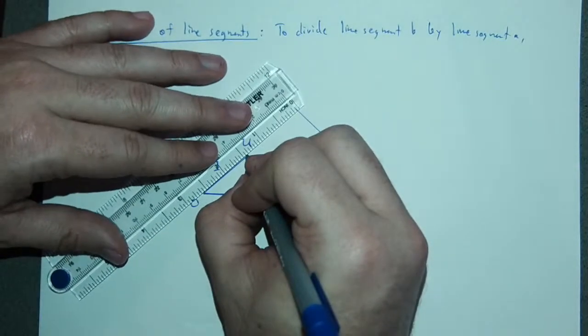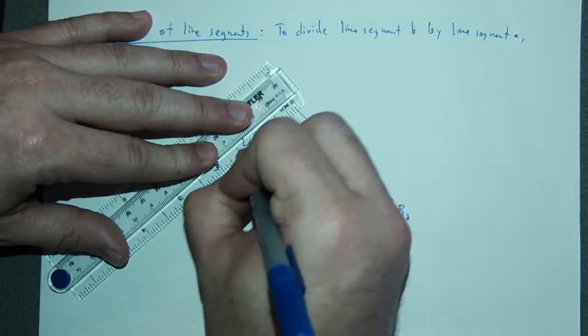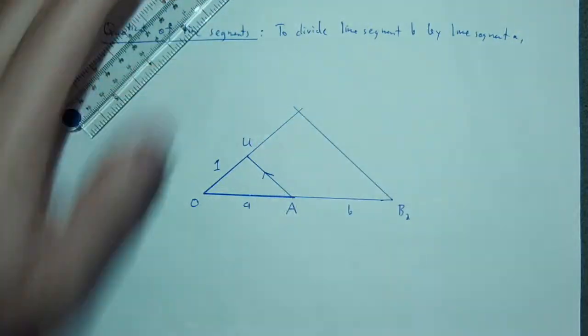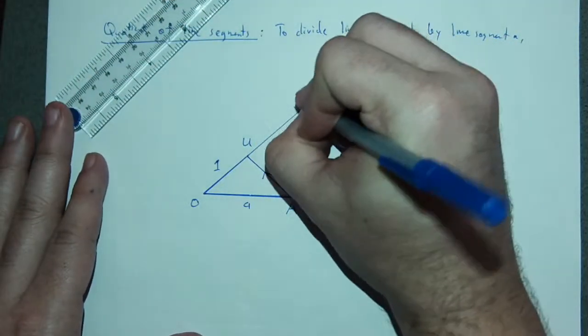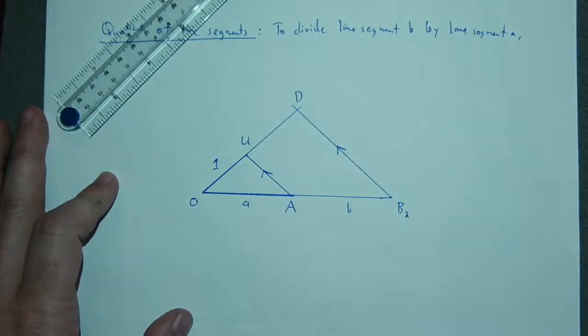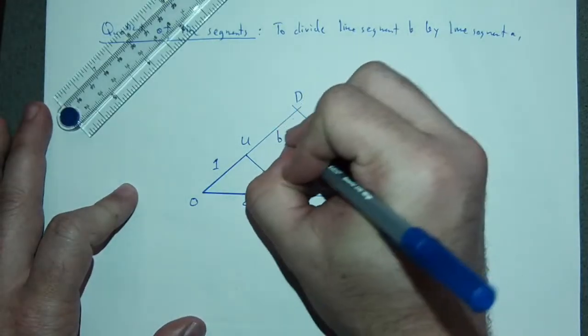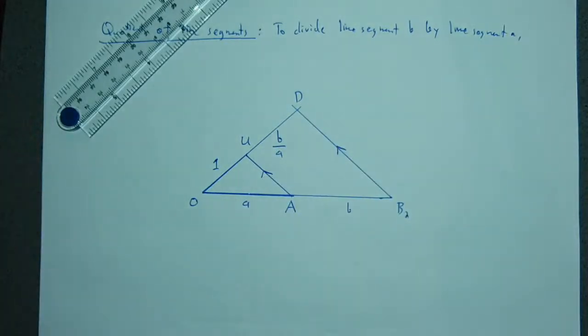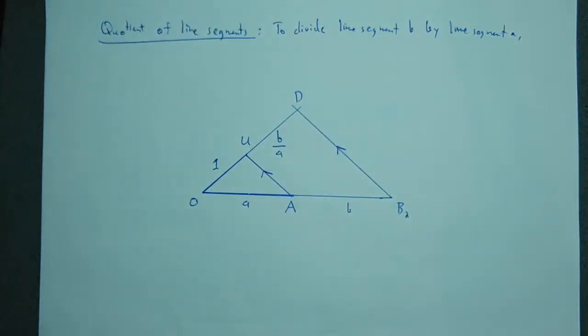This intersects the extension of OU at some point we'll call D. This segment here has length B over A, by Thales' theorem in the exact same way.